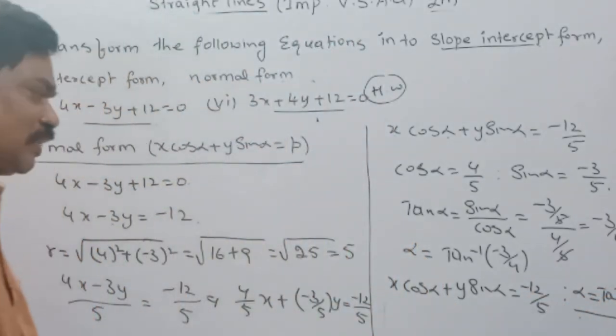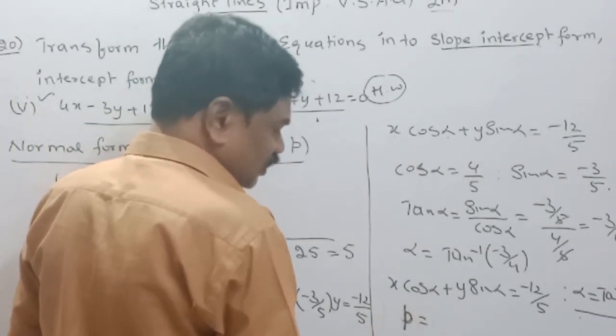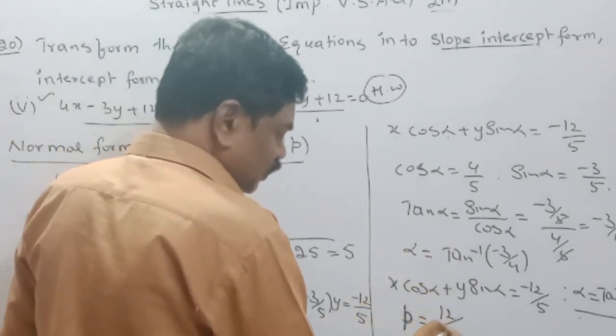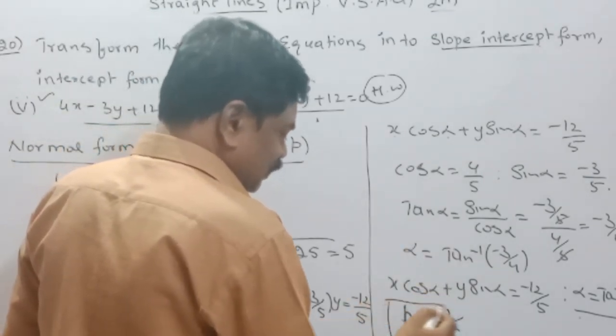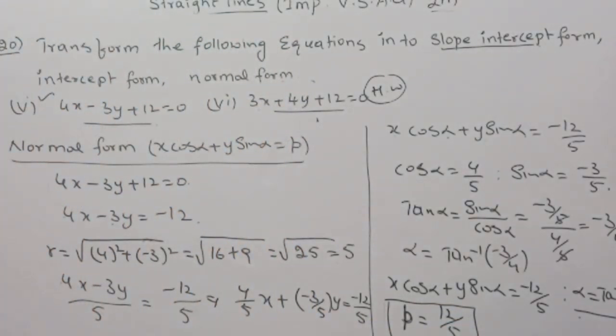This is the alpha value, and p, the normal distance, the perpendicular distance from origin to the given line, is 12 by 5. This is the perpendicular distance from origin to the given line equation 4x minus 3y plus 12 equal to 0.